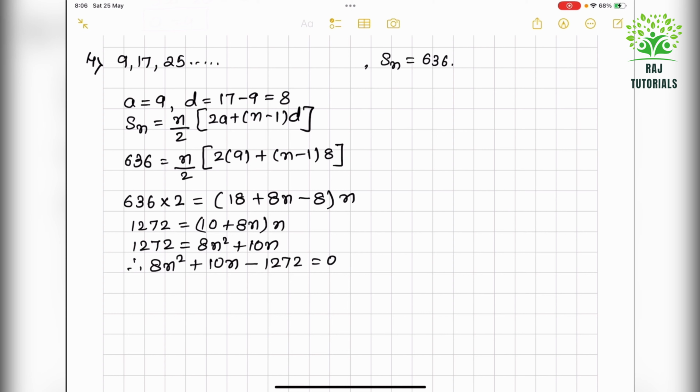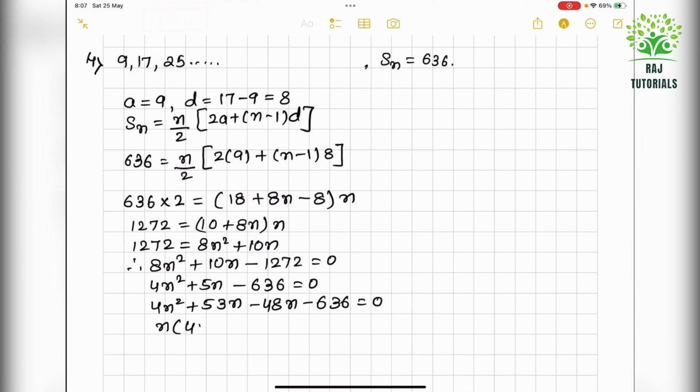Now dividing all the terms by 2, 4n square plus 5n minus 636 equal to 0. So 4n square plus 53n minus 48n minus 636 equal to 0. So n common, 4n plus 53, minus 12 common, 4n plus 53 equal to 0.